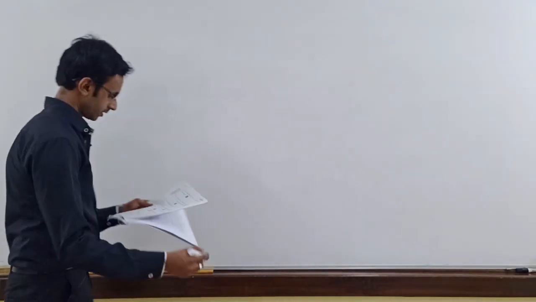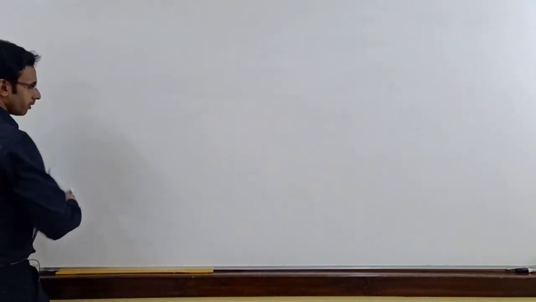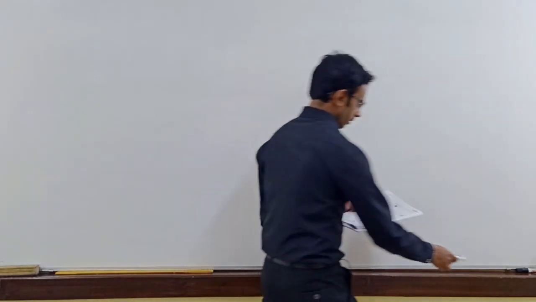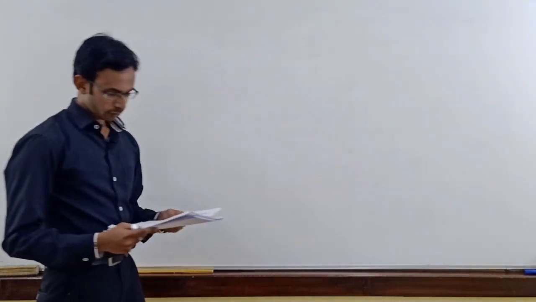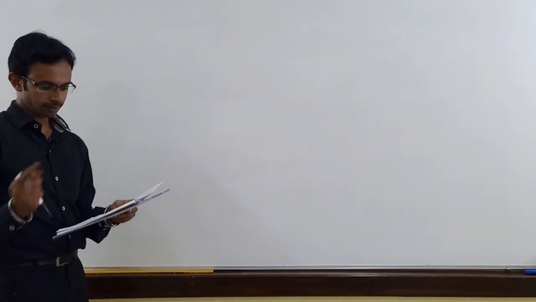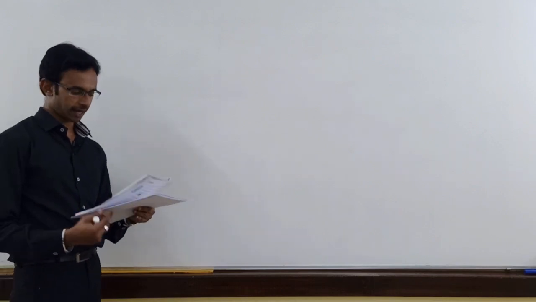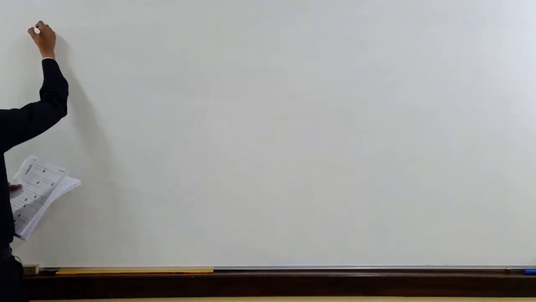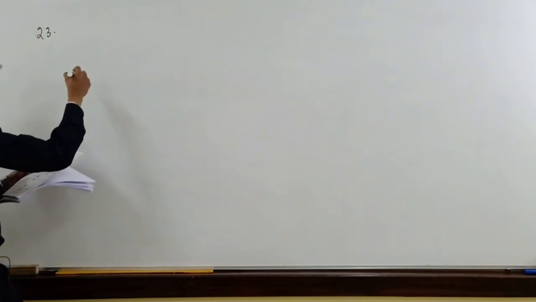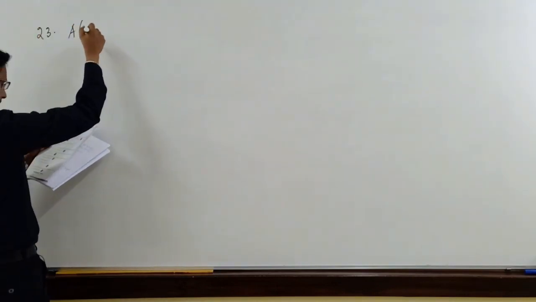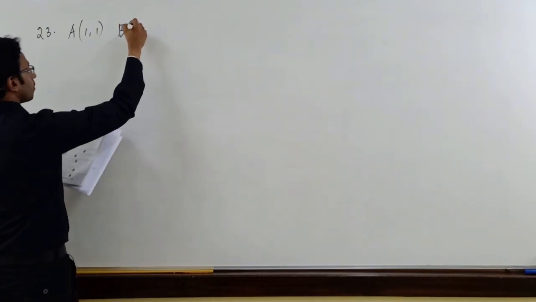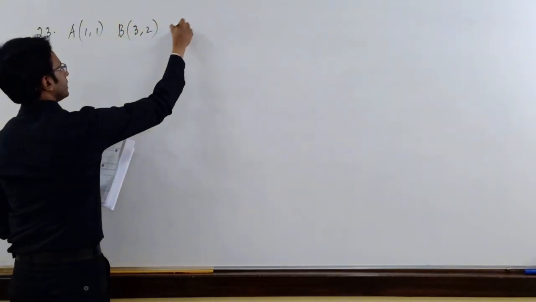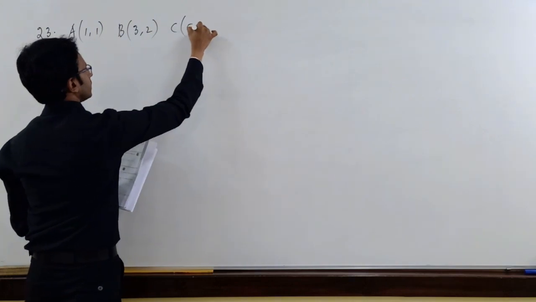Okay, let's move on to question number 23. The 23rd problem is where we have to show whether the given 3 points will form the vertices of a triangle or not. So they're asking us to justify this. The 3 points given are A (1, 1), B (3, 2) and C (5, 3).